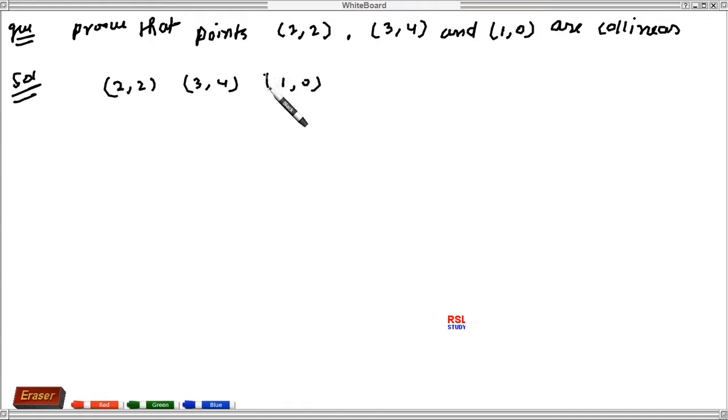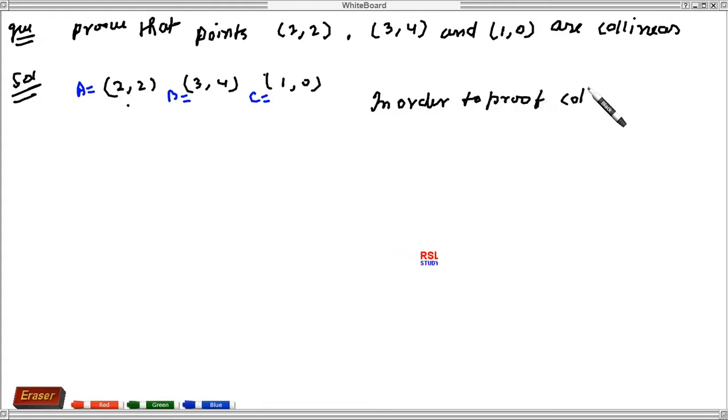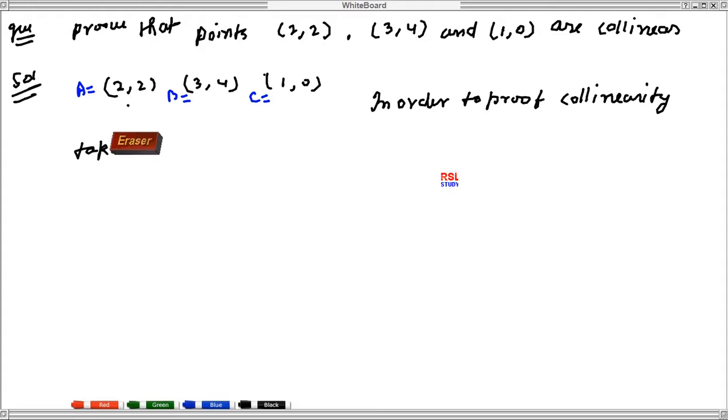How will you prove that these 3 points are collinear? Let this point be A, this B, and this C. In order to prove collinearity means all these points lie on the same line. Suppose you draw a line and these points lie on the same line. That is the meaning of collinearity.